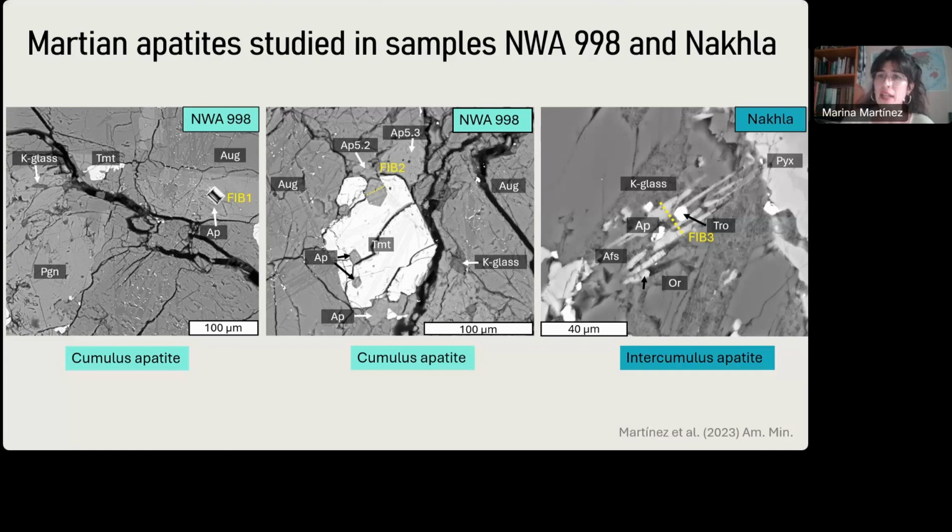And then Nakhla apatites were located inside a late stage melt pocket. And so we cut a set of different similarly oriented acicular apatite grains inside this late stage melt pocket.